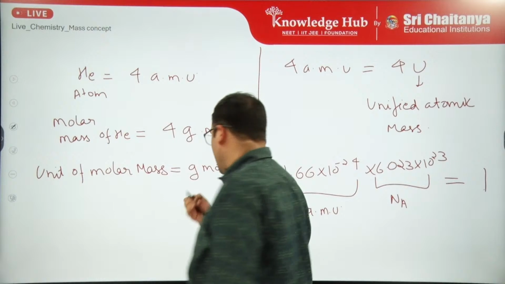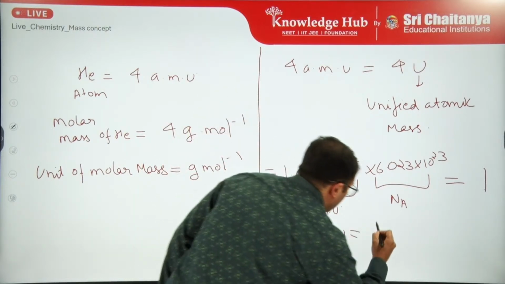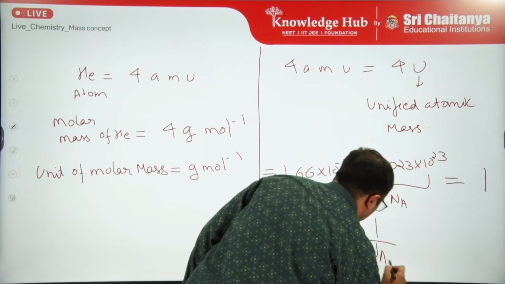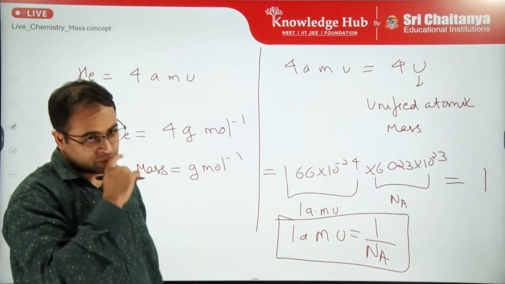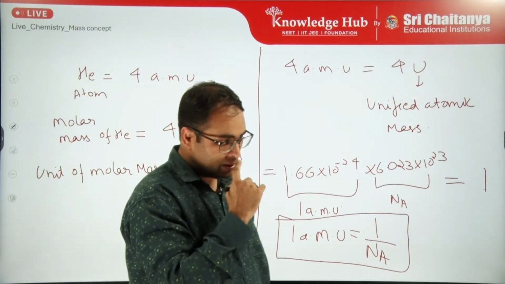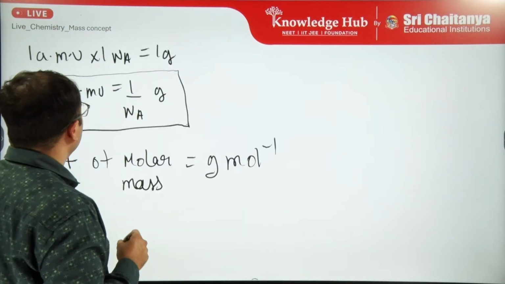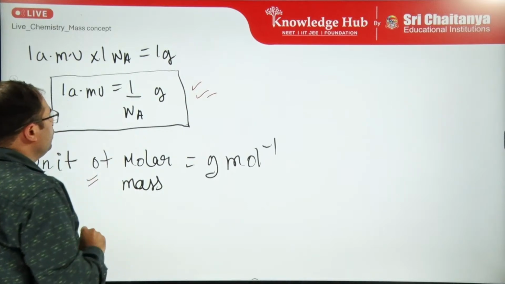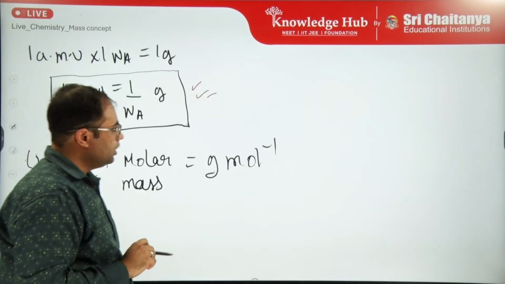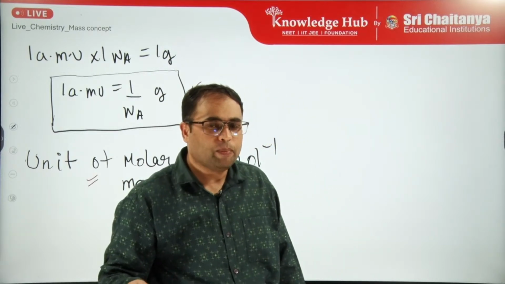Right? So I can say that 1 AMU is the reciprocal of Na. This is also one of the relations which are asked normally, right? This is the relation, I have written it here also, and you have the unit of molar mass. Right. So that is all about molar mass in this class.